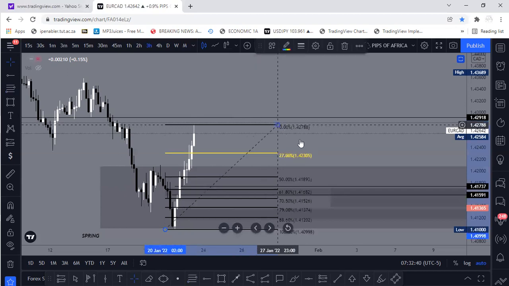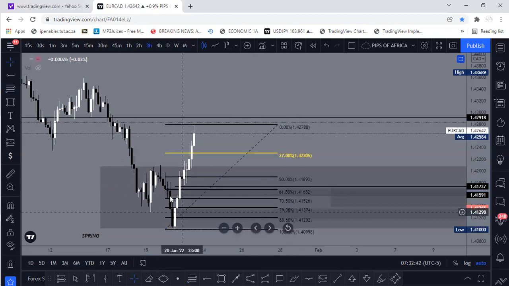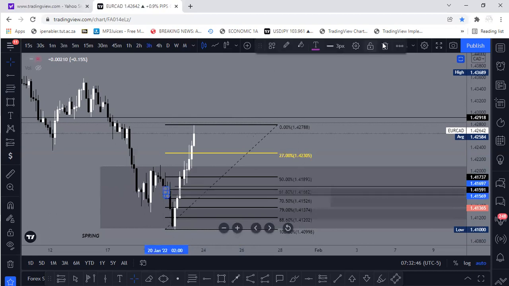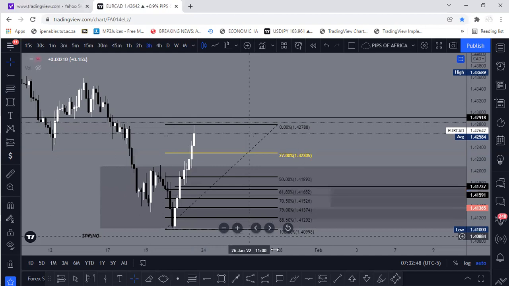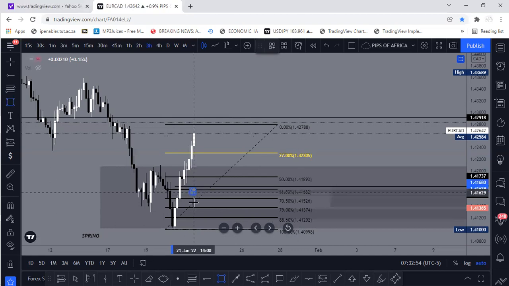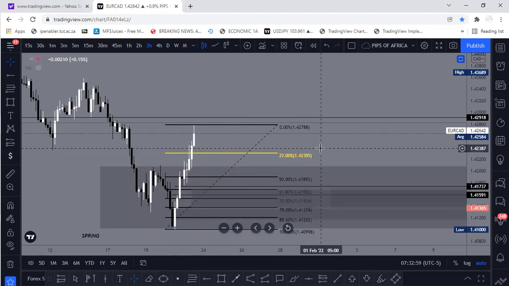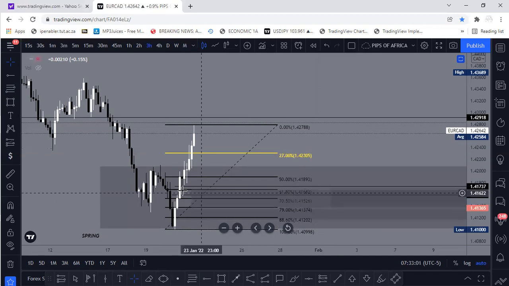Apply it like this, and then your 61.8 is right here. You go down to 79%, right? So there's an imbalance right here.